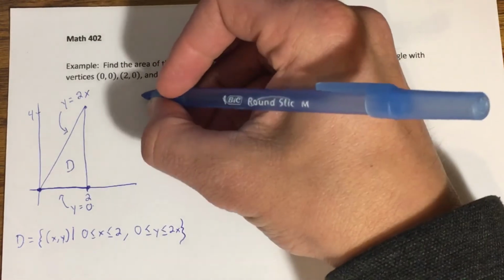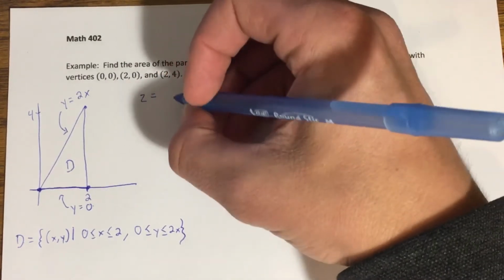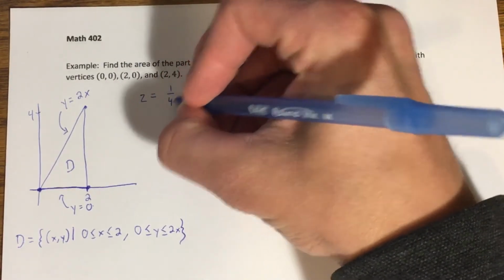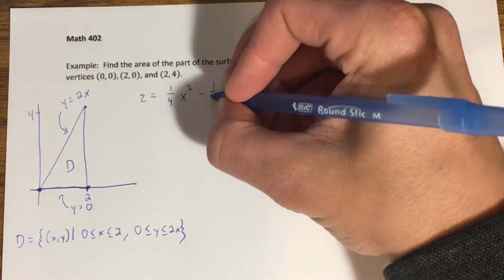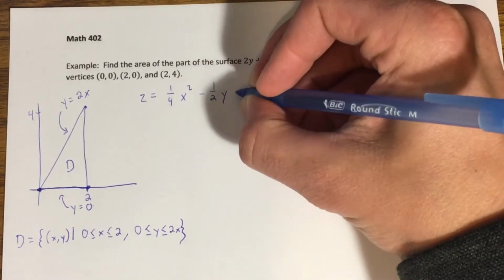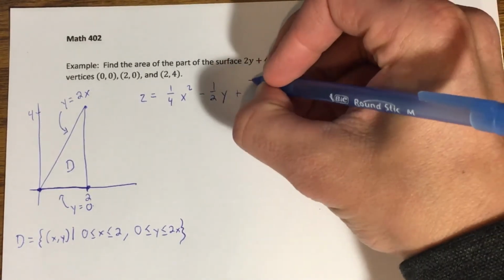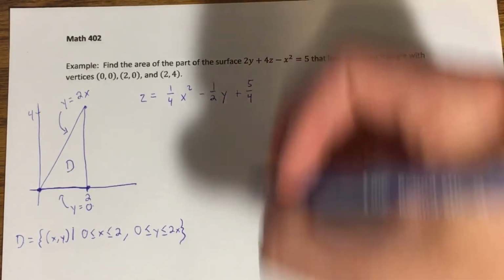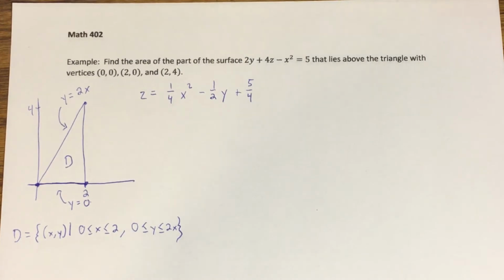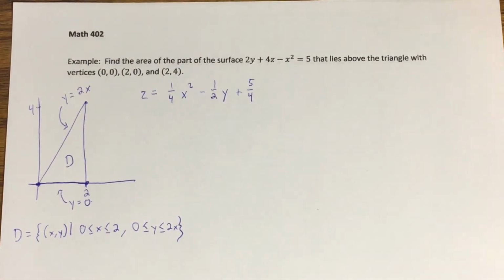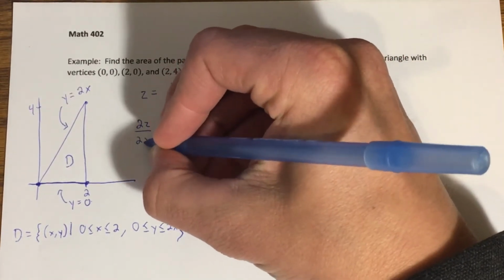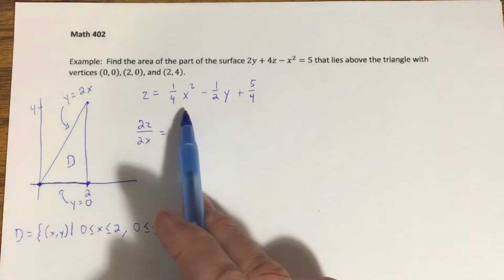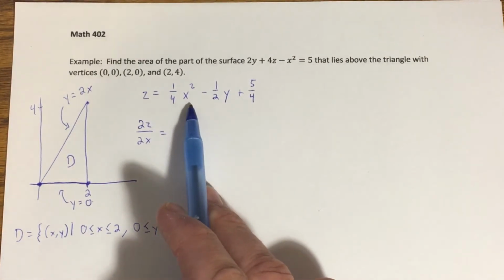If I were to do that, then my equation will end up looking like z equals 1/4 x squared minus 1/2 y plus 5/4, like this. Okay? Now, the next thing I want to do is find those partial derivatives. So my partial derivative of z with respect to x is very easy to find for this function.